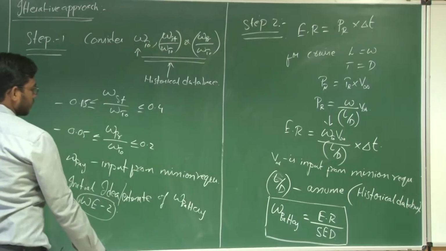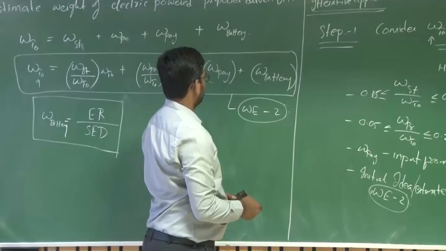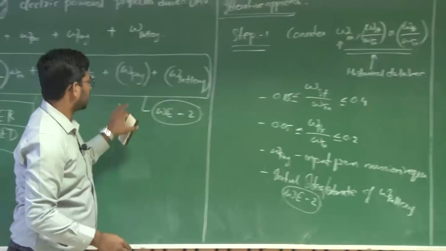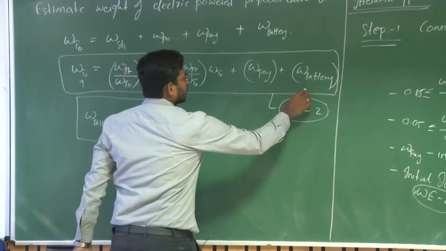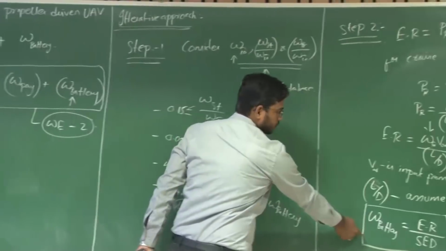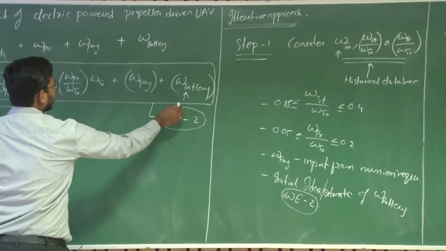Now once you have this number, you go back to step 1 again, where you can estimate this W battery using this equation, right? Now update this W battery value with the result from step 2. Try to update this battery value.